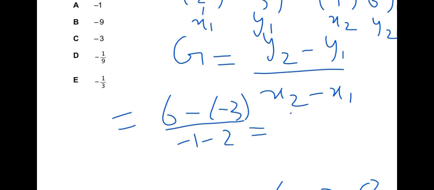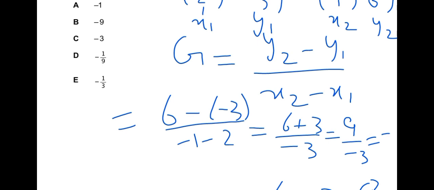So on solving it, 6 plus 3 is 9, and the bottom is minus 3, so 9 over minus 3, and the answer is minus 3, as 3 threes are 9 and the minus sign remains here. So our right option is option C.